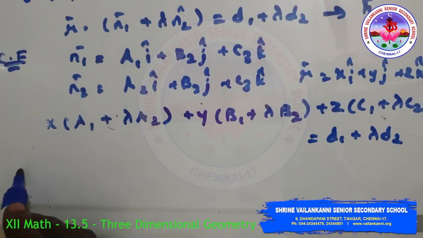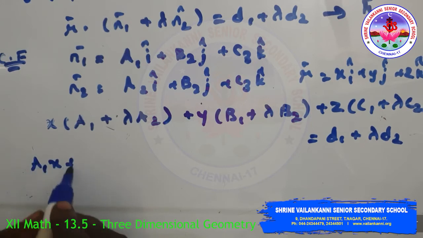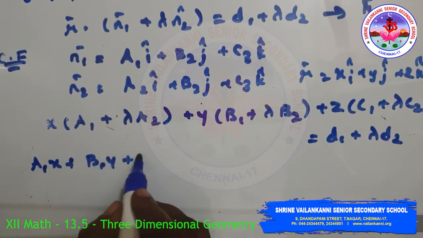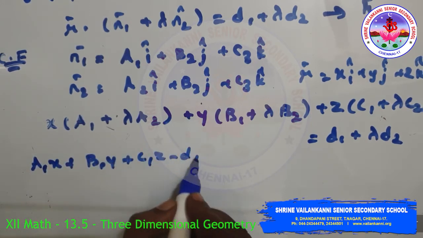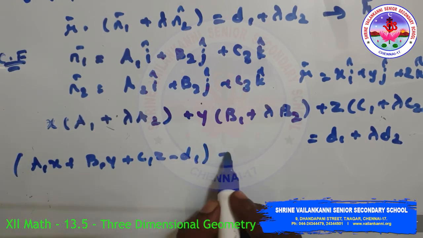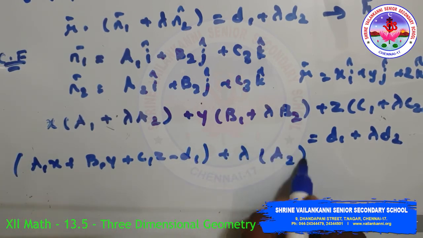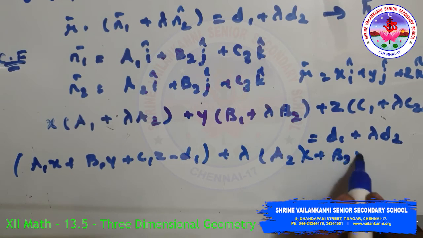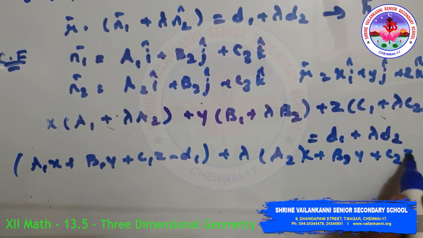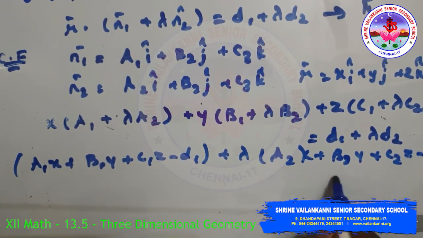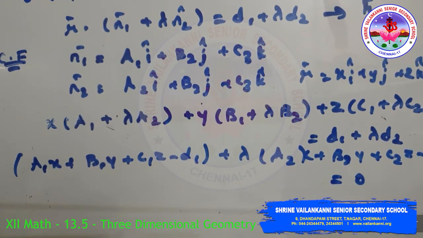Or we can write this as a1x plus b1y plus c1z minus d1 plus lambda of (a2x plus b2y plus c2z minus d2), which is equal to 0, which is the required Cartesian form of the equation of the plane passing through the intersection of the given planes for each value of lambda.